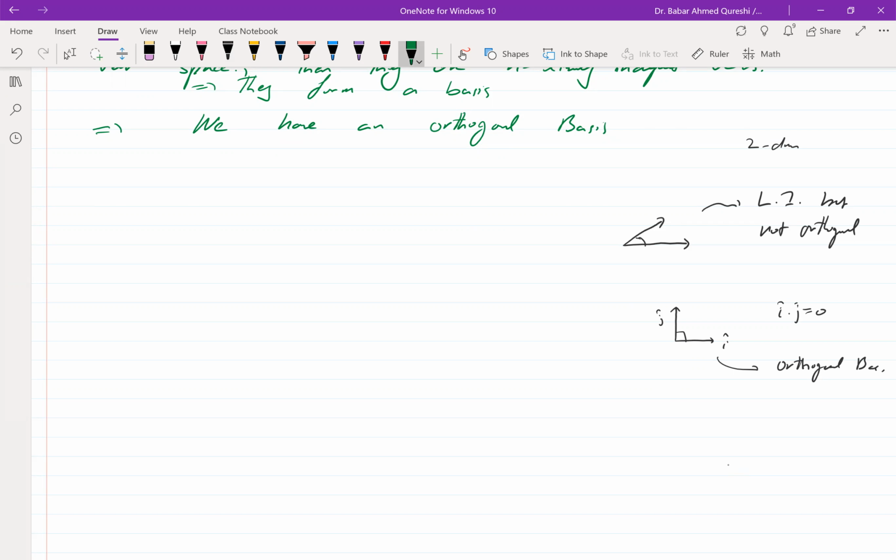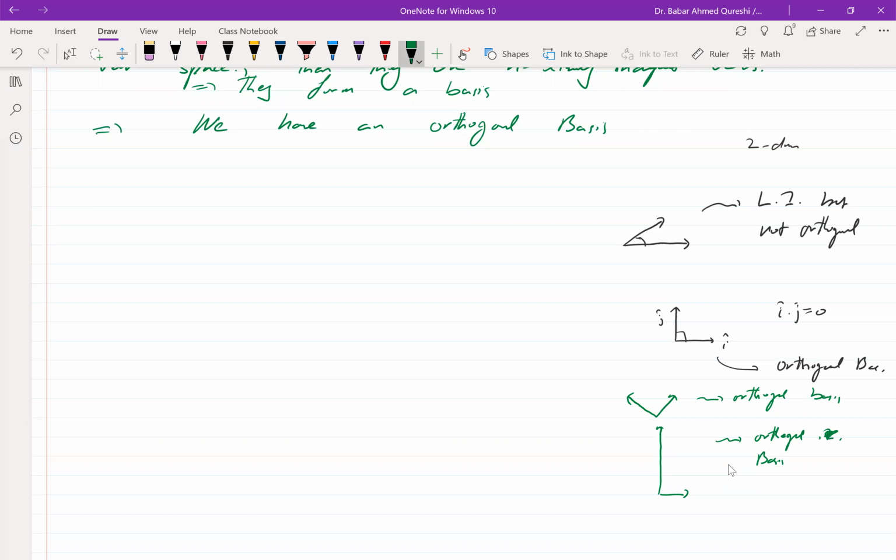I can form many other orthogonal bases. If I start with this vector and take this vector, they are also linearly independent and orthogonal, so it's an orthogonal basis. I consider this one, i, and let's say 3 times j, they are also orthogonal, and they are two vectors in R2, so they are a basis.